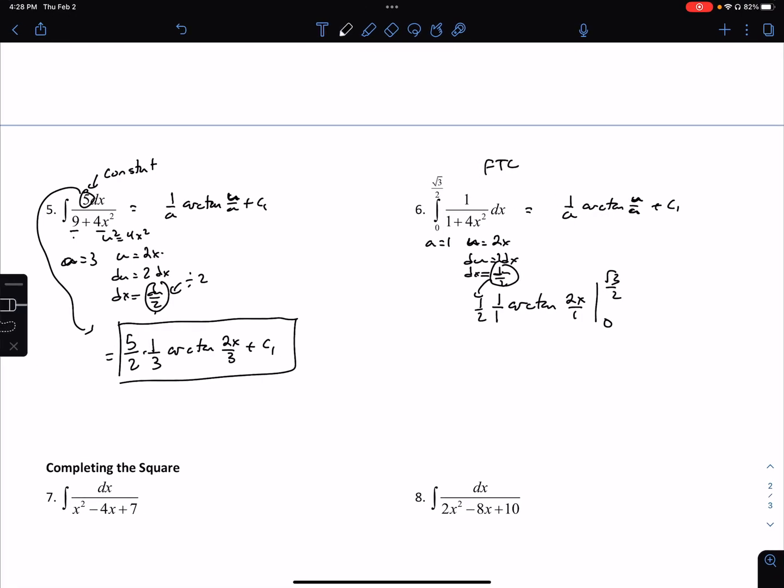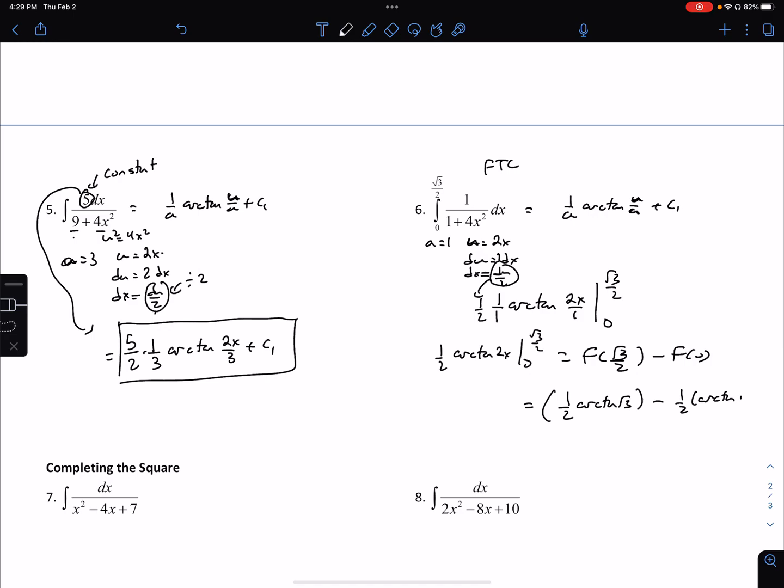I'm going to clean this up a little bit. This is just 1/2 arctangent 2x from 0 to root 3 over 2. And using the FTC, f of root 3 over 2 minus f of 0. Here we're going to get 1/2 the arctangent of root 3 minus 1/2 the arctangent of 0.